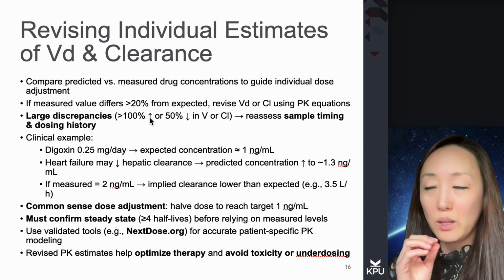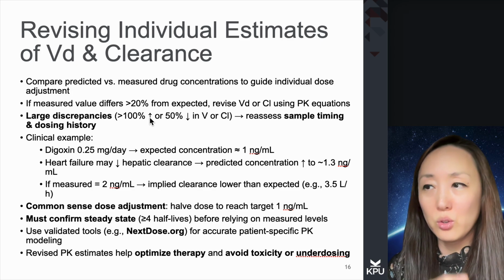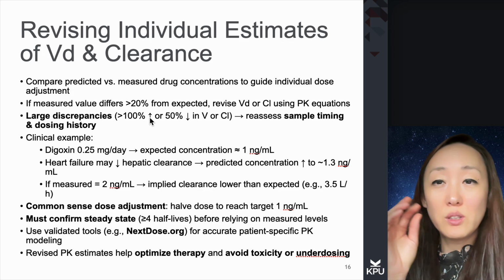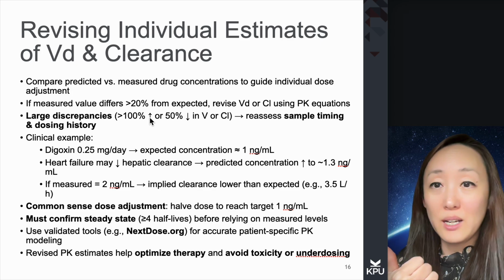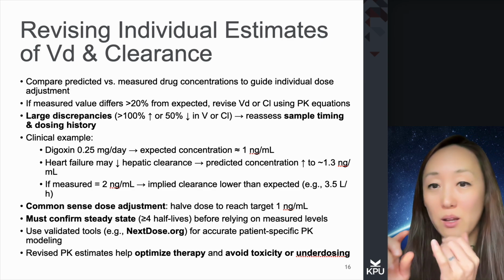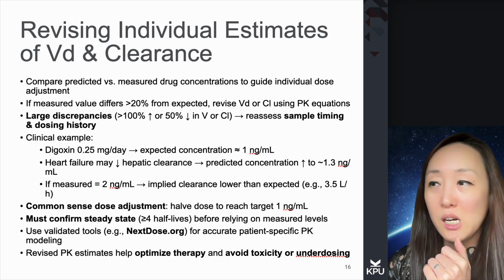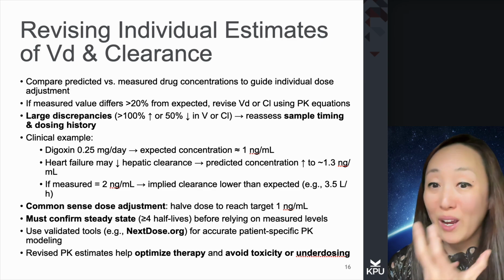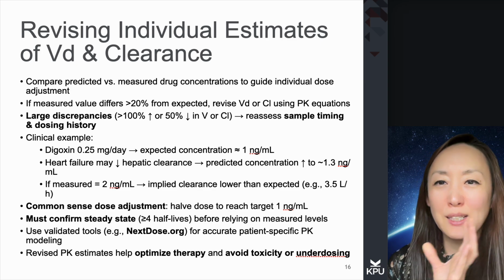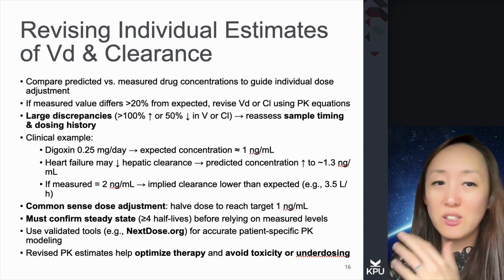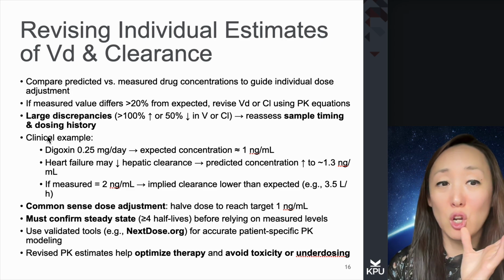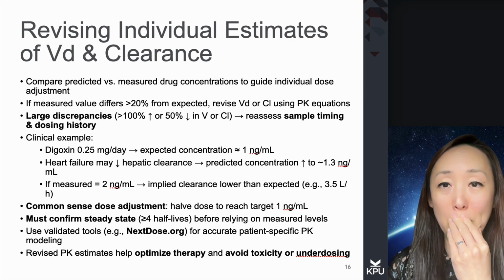So this is what prompts clinicians to go, something is off. And so, was the blood sample taken at the right time? Was the dosing history accurate, with the patient compliance or the rate of administration or the route? Has the patient reached a steady state? These are all the questions that one would be thinking about when there is this kind of a large discrepancy.